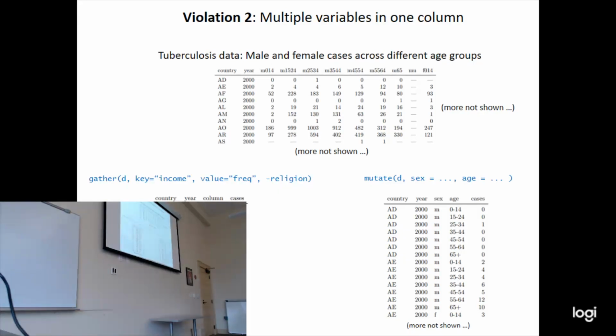If you have 50 cases in a small country, that's going to be much more worrisome than if you have 50 cases in a country with 10 million people. So that's a common thing that you might want to do with data that look like this.